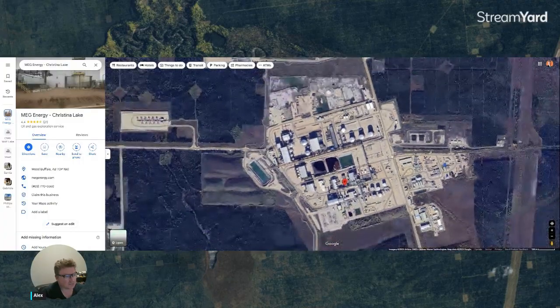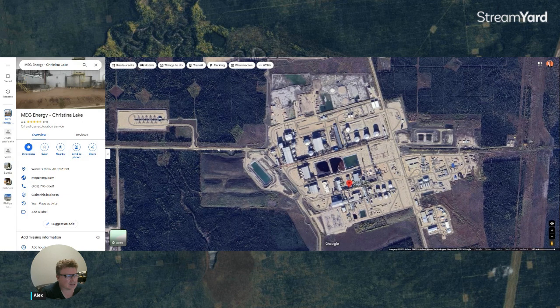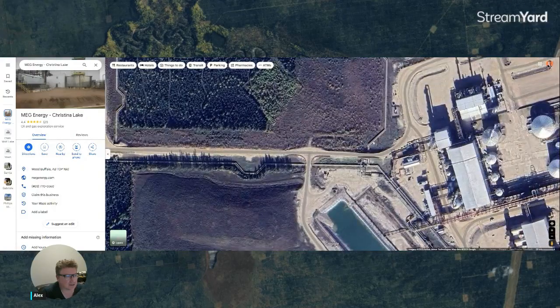So this facility, typically what it does, it needs to serve two main functions when it comes to the recovery scheme. It needs to have the capability to generate steam, and then send it through a pipe, and we can see some of the pipes here. So you can see a pipeline that's going here.